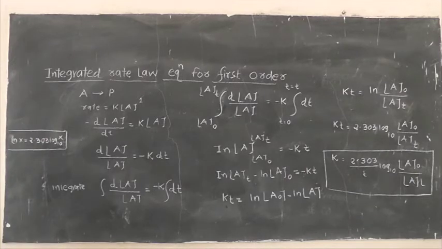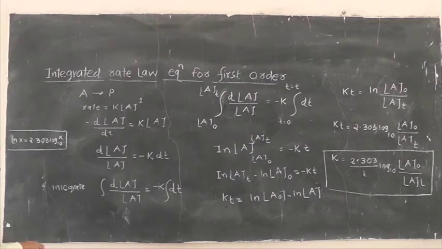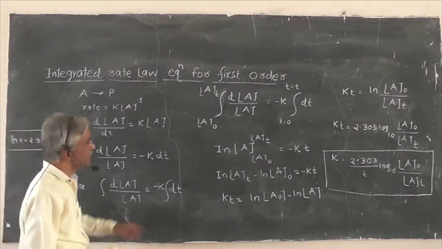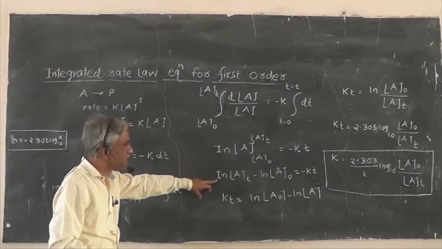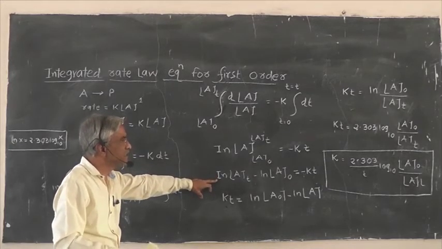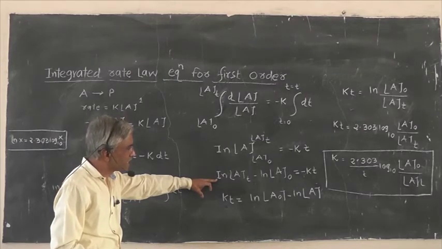Now let us convert that equation in the same form of y equal to mx plus c. It has also been written in exponential form, and we will first convert it into y equal to mx form in a simple way. So the first function I can write in another form: ln At minus ln H0 is equal to minus kt.